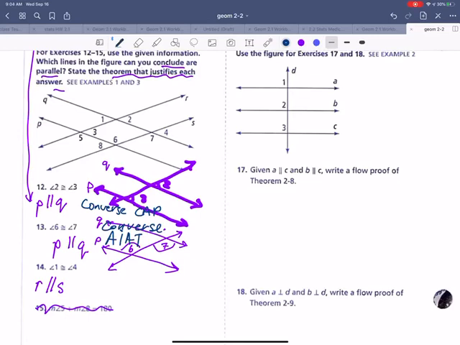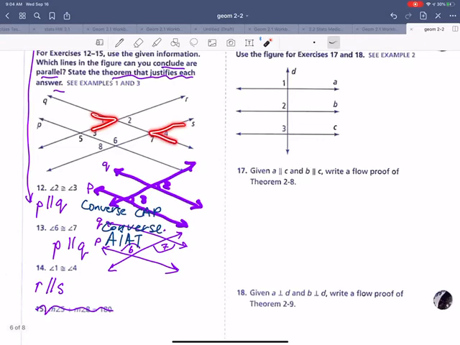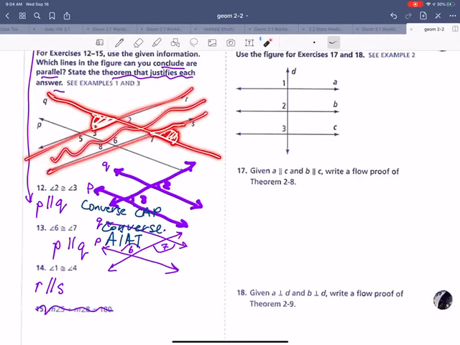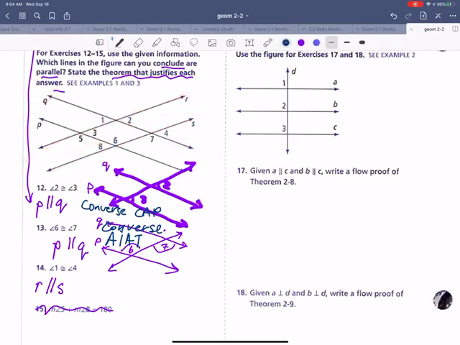All right, angle 1 and angle 4. Trace those lines. They're outside of this road here, right? They're outside of the road, so exterior. And one's on the left of Q and one's on the right of Q. So that's the converse alternate exterior angle theorem.